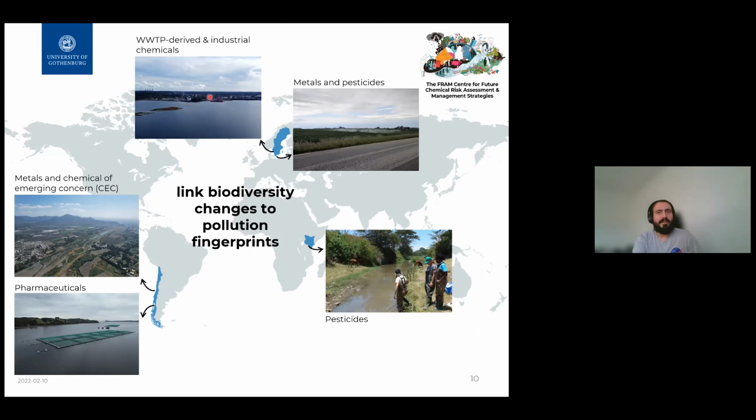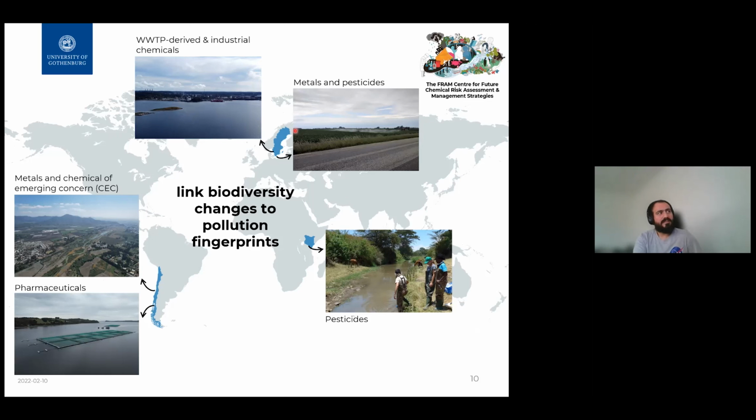We have, in the northern part of Gothenburg, Stenungsund, one of the largest Scandinavian industrial hubs. We collected marine water samples a year and a half ago already to conduct that study. We are still processing that information, and hopefully soon we will have some news about that.